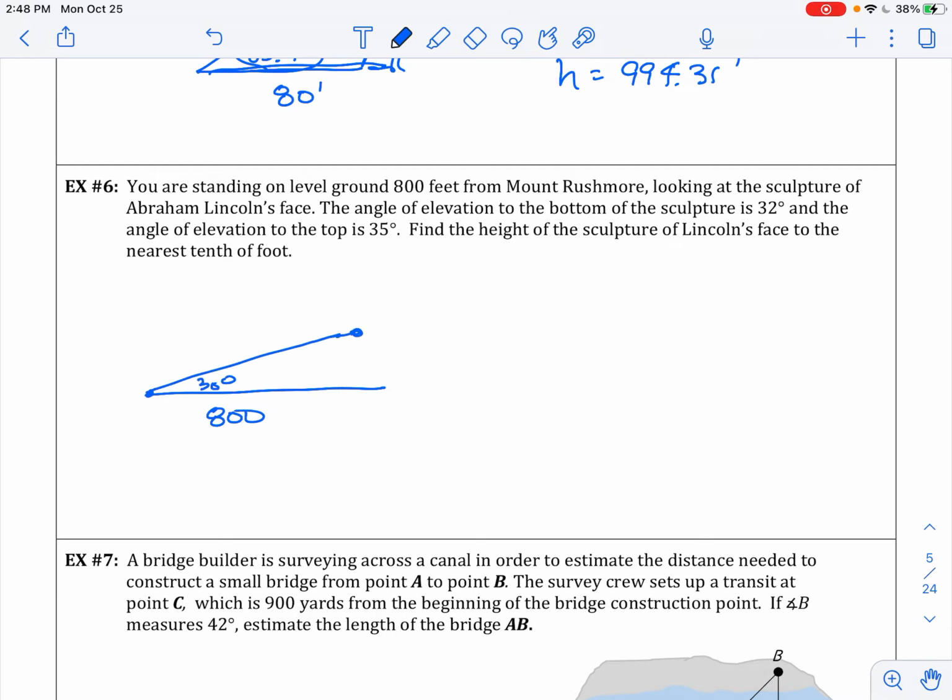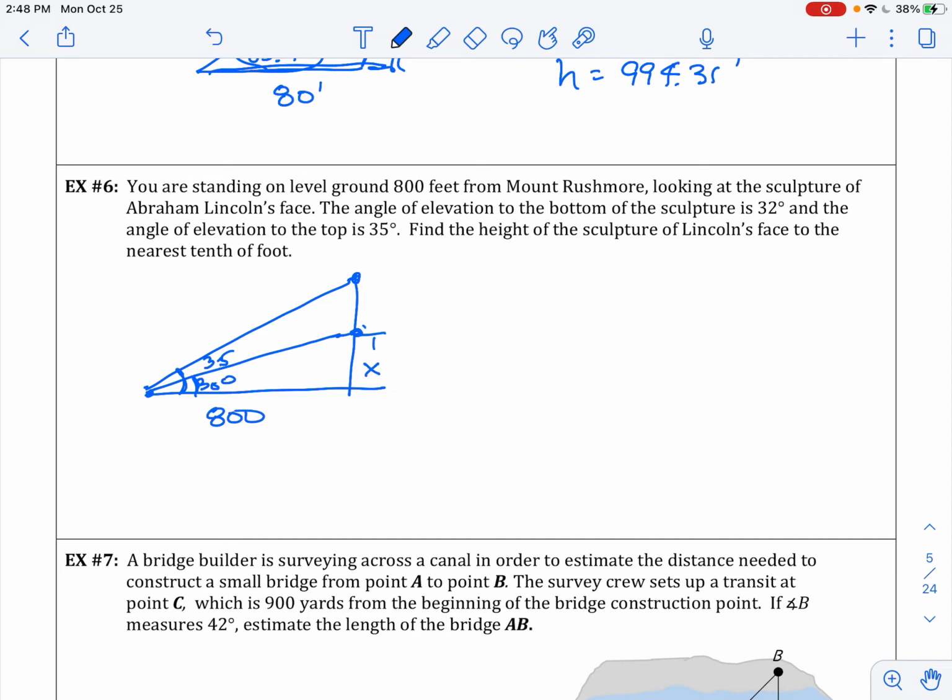So this is the bottom of the structure that we're looking at. Okay, and then I look at the top of his face, right, and it's up here at 35 degrees. Okay, so this one here, sorry, this one's 32 degrees. This one here is 35 degrees. And then what we could come up with here is basically the height of his face taking 2 measurements.